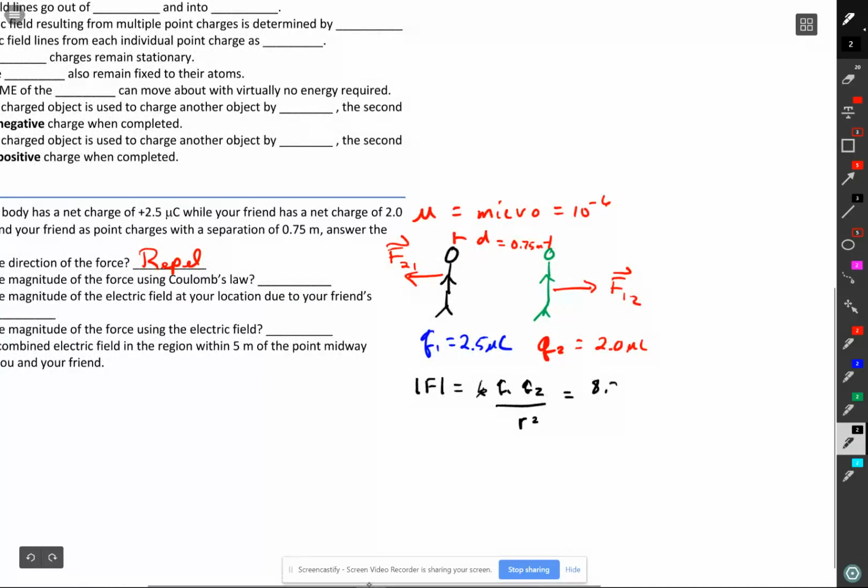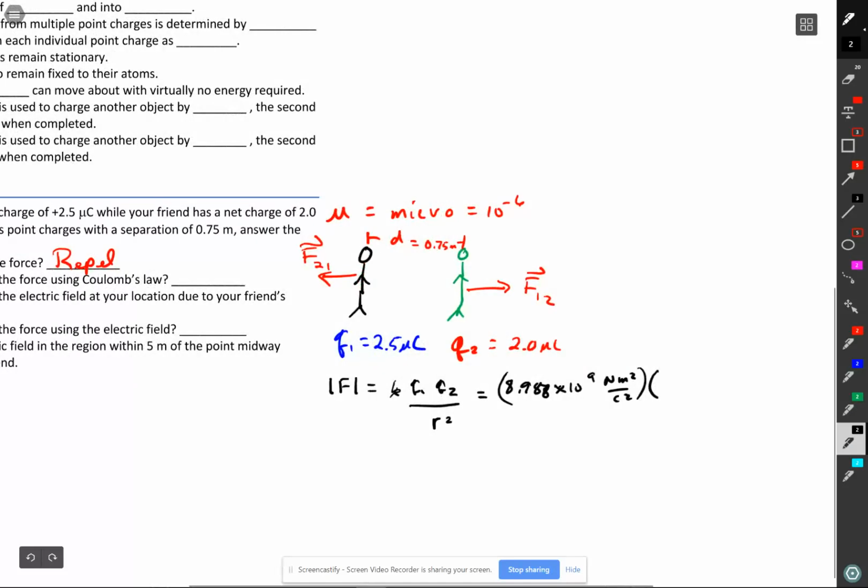That's 8.988 times 10 to the 9th newton meters squared per coulomb squared. That's my K. Charge 1 is, and I'll just color code it to match, 2.5 times 10 to the minus 6 coulombs.